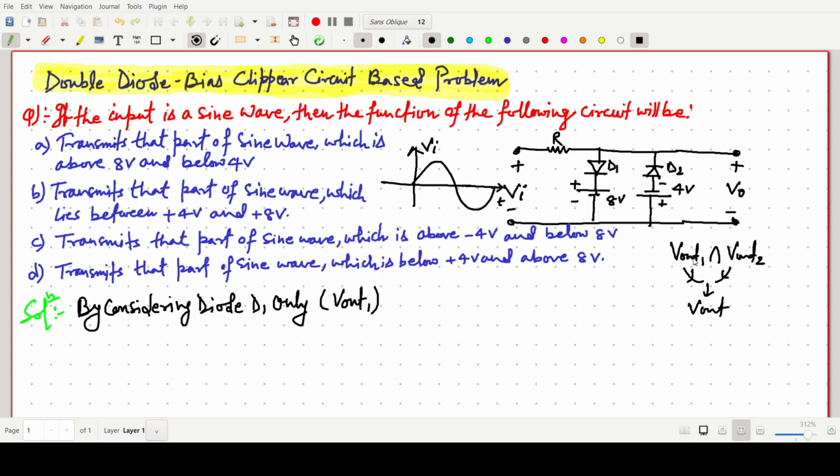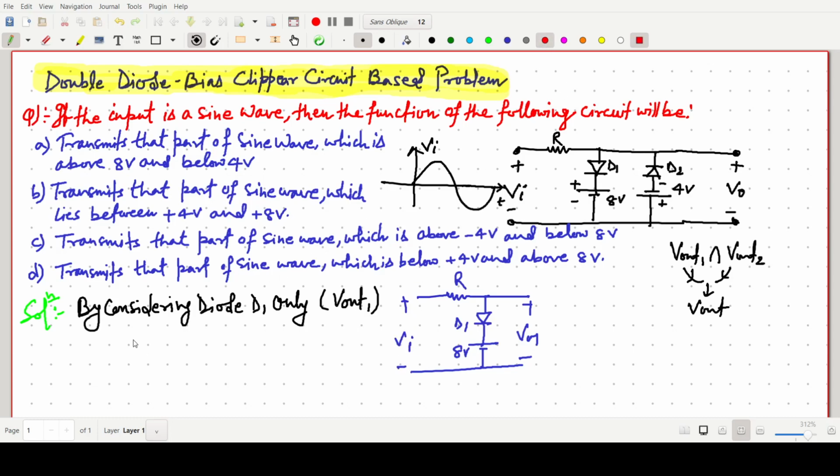So first we take only the D1 diode under consideration. One can redraw the circuit for diode D1 only, with this V0, this D1 with 8 volt, this R, and this sinusoidal signal, say Vi.